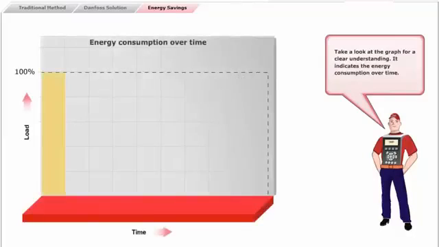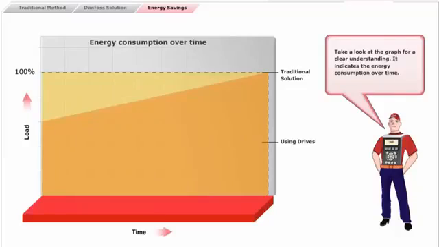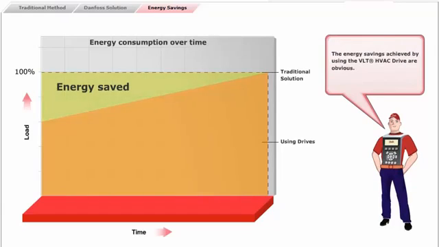Take a look at the graph for a clearer understanding. It indicates the energy consumption over time. The diagram shows the difference in energy consumed when using a fixed-speed pump and a pump controlled by a VLT HVAC drive, in association with a flow meter. The energy savings achieved by using the VLT HVAC drive are obvious.